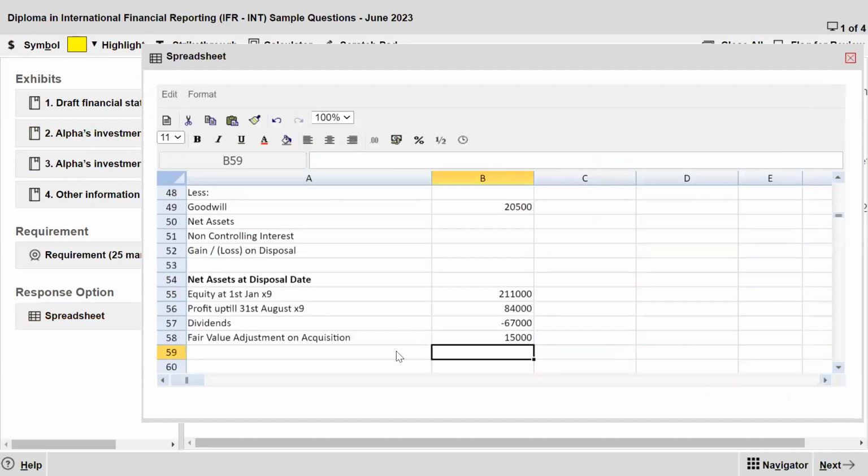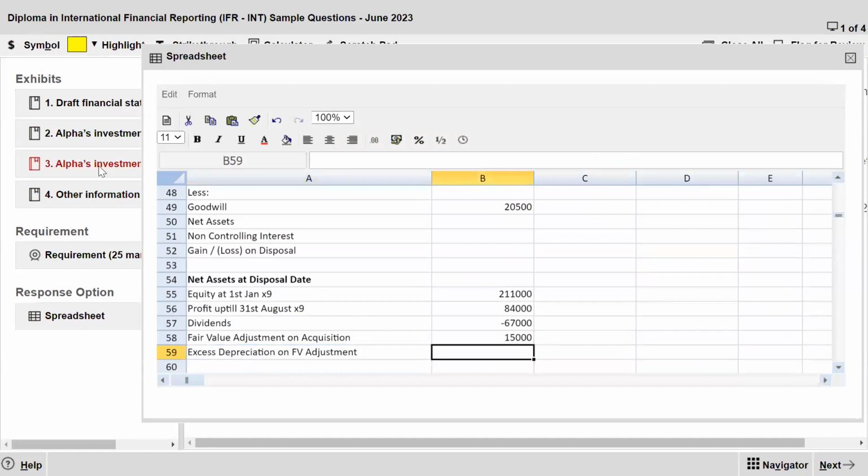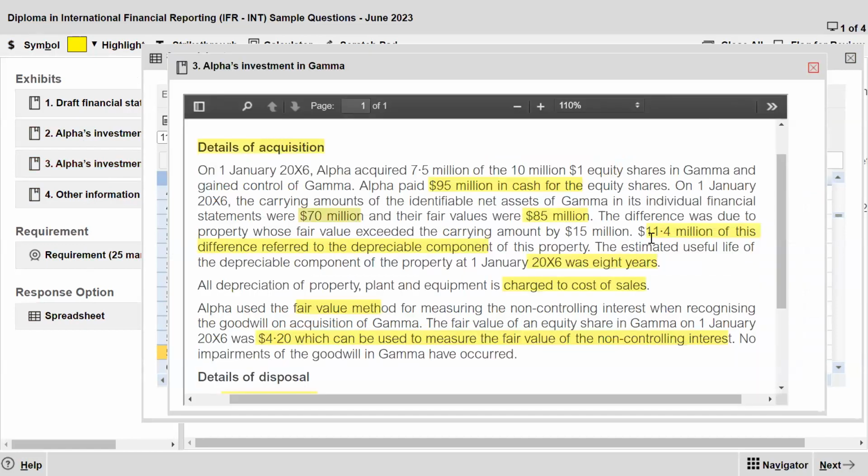So it's actually 15,000. The excess depreciation on the fair value adjustment is going to be what? 11.4 million is a depreciable amount, and the estimated useful life of the depreciable component at 1st January 2006 was 8 years.